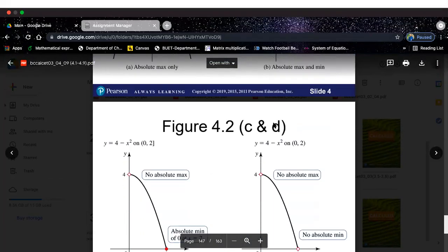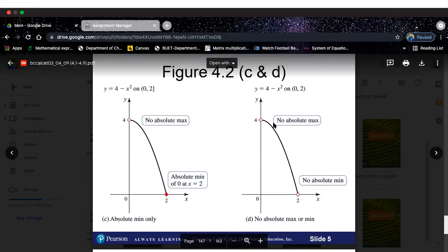So graphically, we can actually eyeball and see where is the minimum, where is the maximum, and whether it actually exists or not on a certain interval. For example, if I say on the interval 0 to 2, 0 and 2 not included, that means for x equals 0 and for x equals 2, the graph doesn't have a defined value.